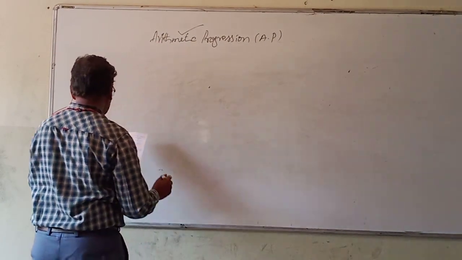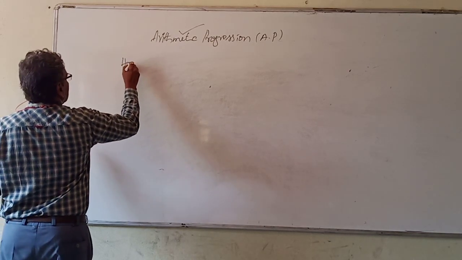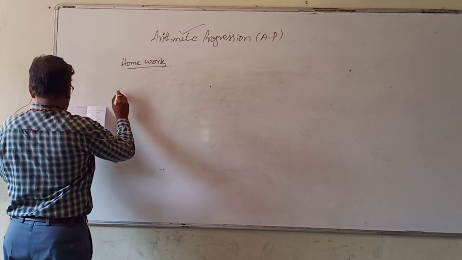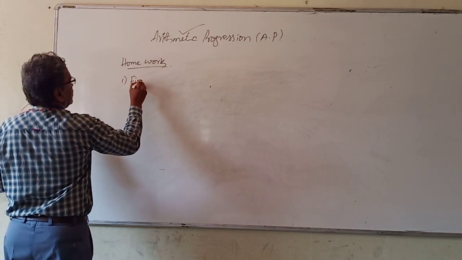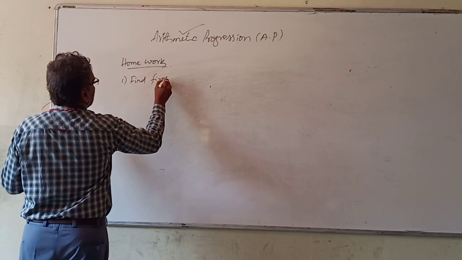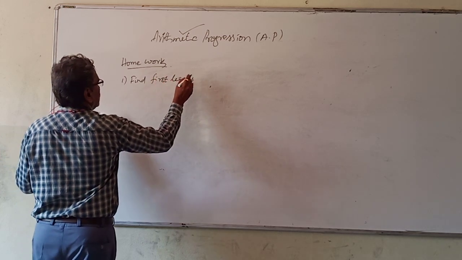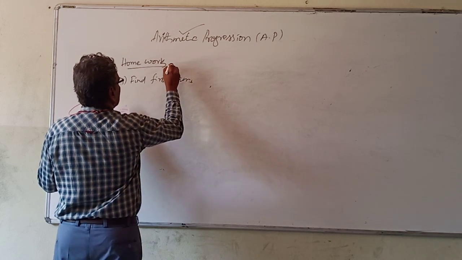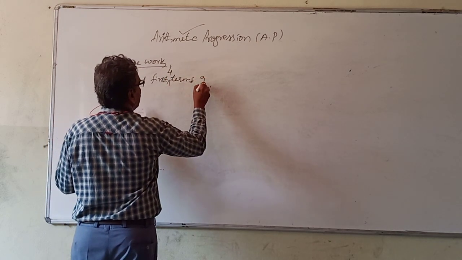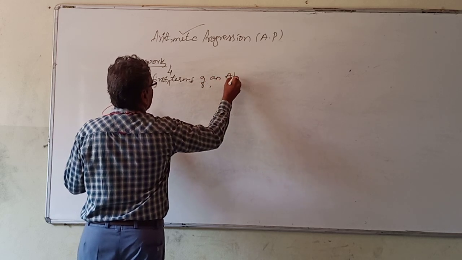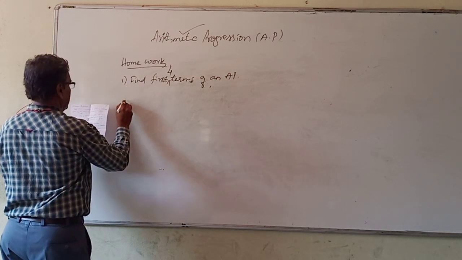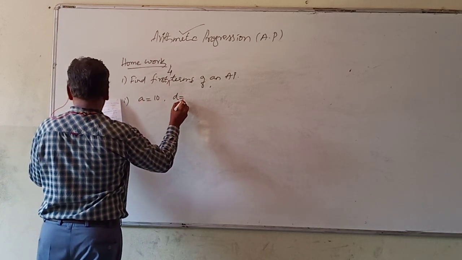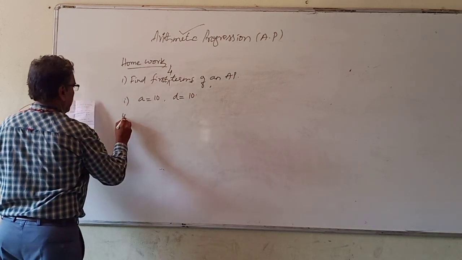Yes, some examples for homework. Find the first four terms of a given AP. First one: A is equal to 10, D equal to 10.